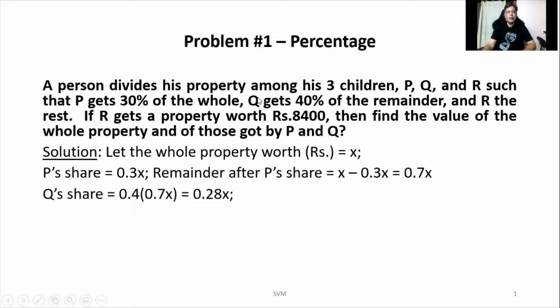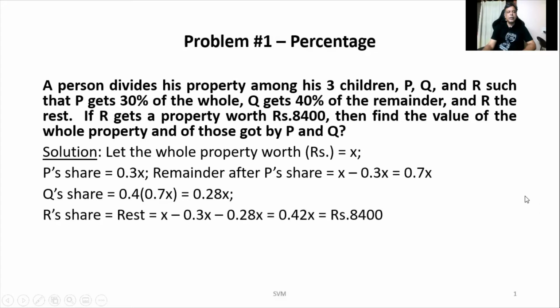That means Q gets 40% of the remainder. So Q's share will be 0.4 times 0.7 times X, which is nothing but 0.28X. And R gets the rest.